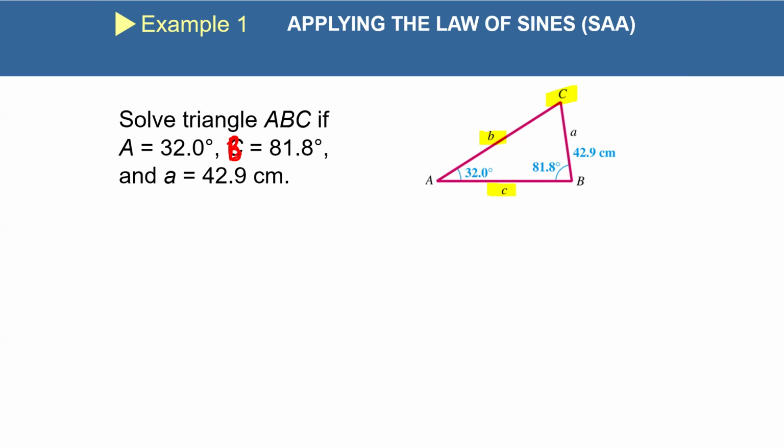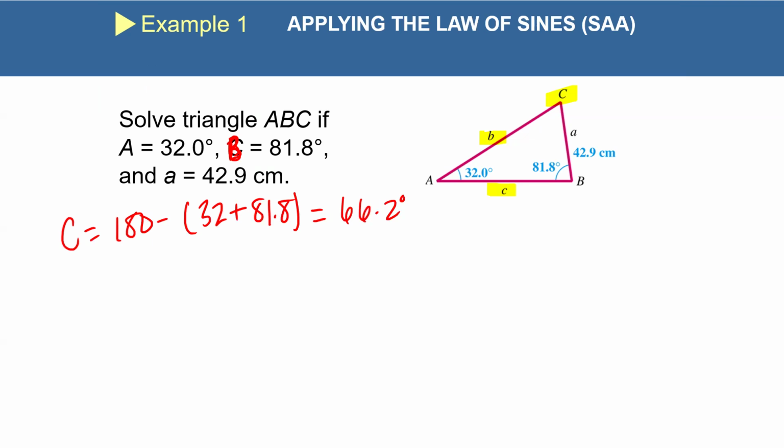Okay, so what is the angle that we're missing? To find C equals 180 minus 32 plus 81.8, correct? Which leaves us with 66.2 degrees.